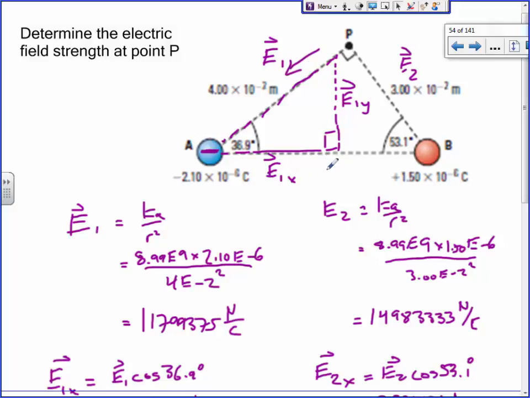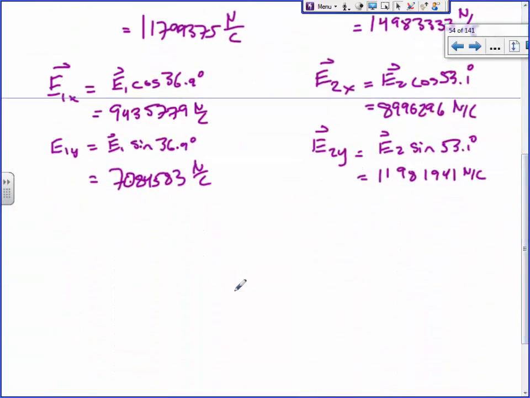So we're going towards and towards. And this guy was positively charged, so we're going away. So on this one here, we're going away and away. So our x's we need to add to each other. So we have x that adds and x that adds.